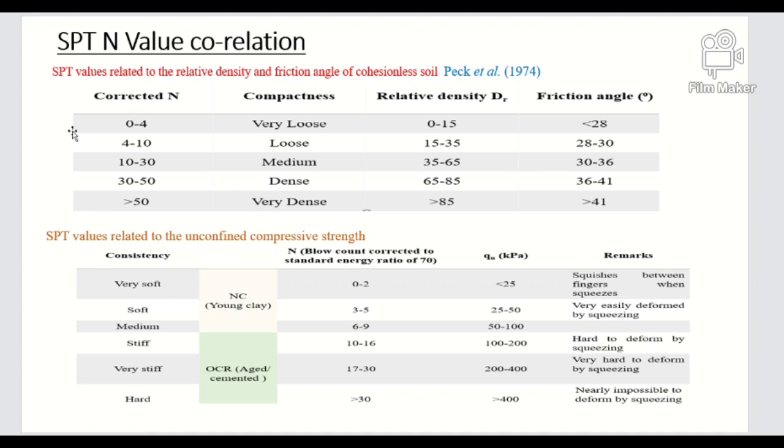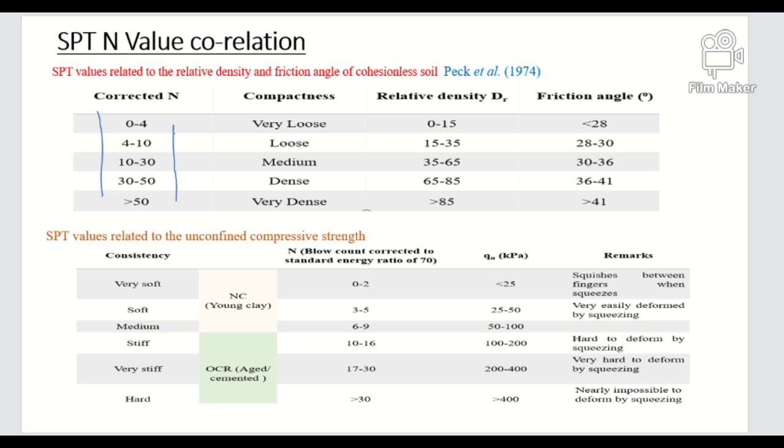Otherwise, after the corrected N value, there is some correlation by Peck et al., around 1974, where we can see the varying corrected N value: 0 to 4, 4 to 10, and so on. If the SPT value is increasing, the soil goes from loose to dense.